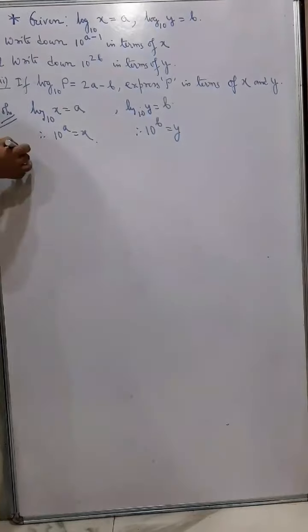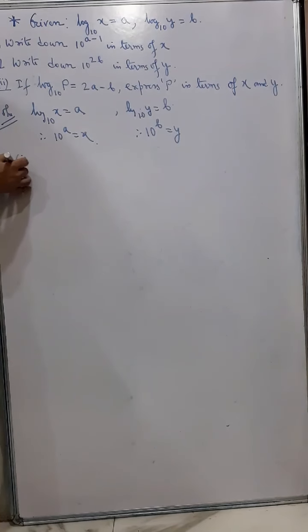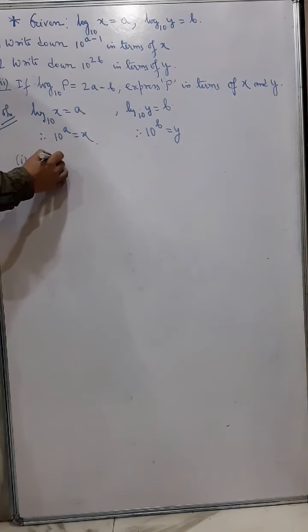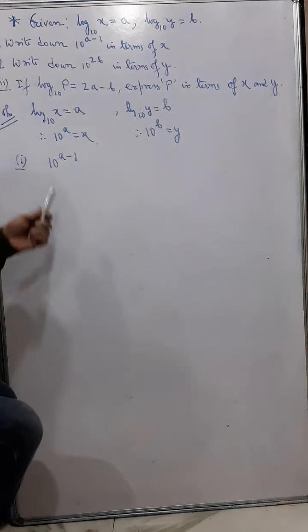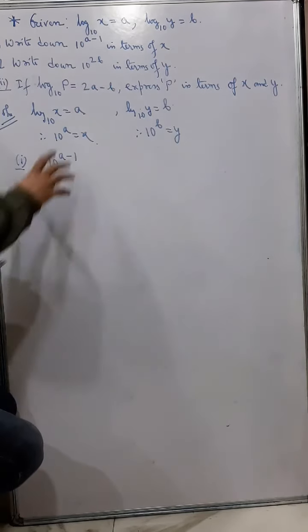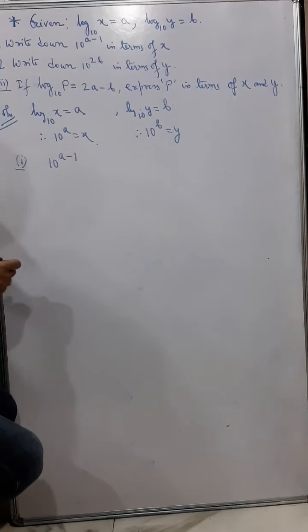And now we will see one by one. First we have to find 10 to the power a minus 1, and we will convert this into exponent form. We will try to convert into a fraction.